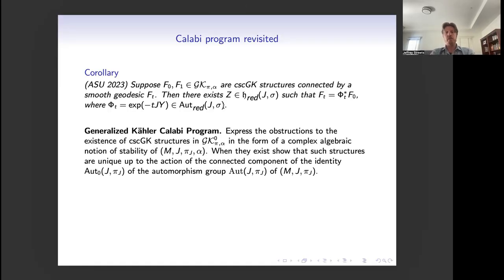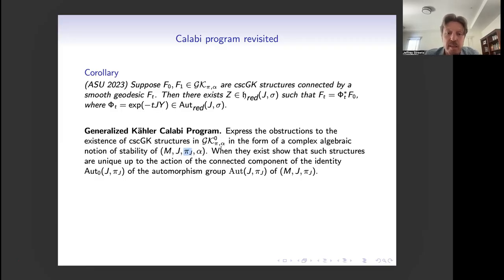And now we can say a little bit more precisely what this generalized Kähler-Calabi program is. I want to express the obstructions to the existence of a cscGK structure in some connected component of this GK pi alpha in the form of some complex algebraic notion of stability, which presumably has to take into account the complex structure, the Deligne class that F lies in, and the Poisson geometry.